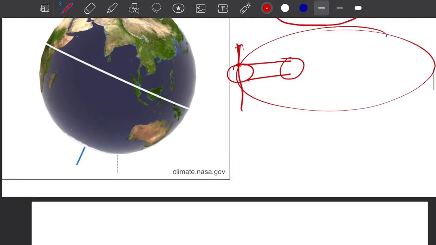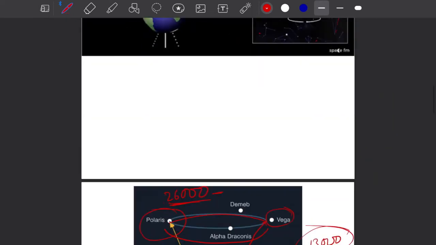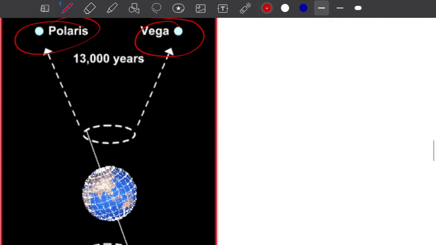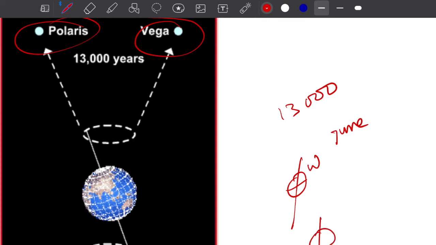Are you getting my point? So इस point से I proved how the change in season took place. So always remember, 13,000 years back the northern hemisphere was having winters in June and the southern hemisphere was having winter in December.